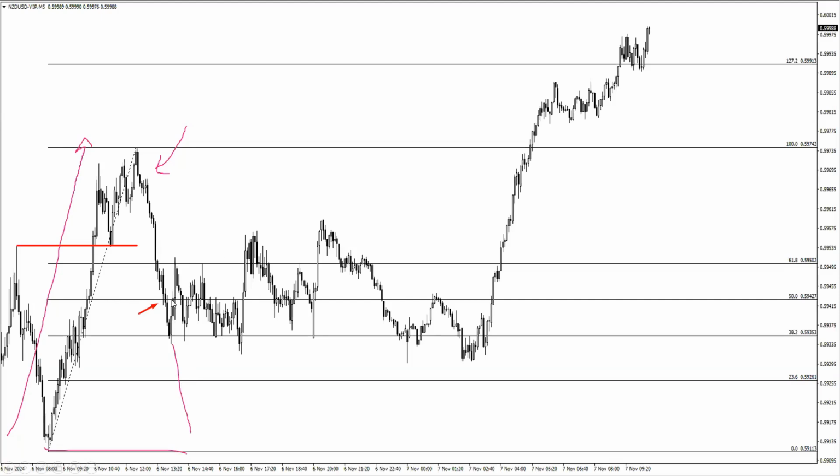Now, the market then proceeded to trade sideways for quite a while before going up, hitting your targets the next day. Okay, so that's how the New Zealand dollar trade went.